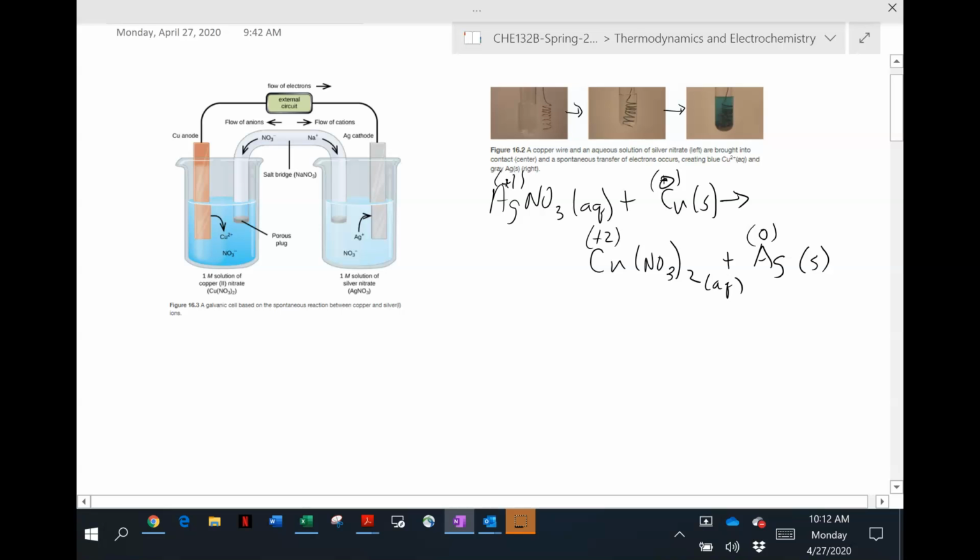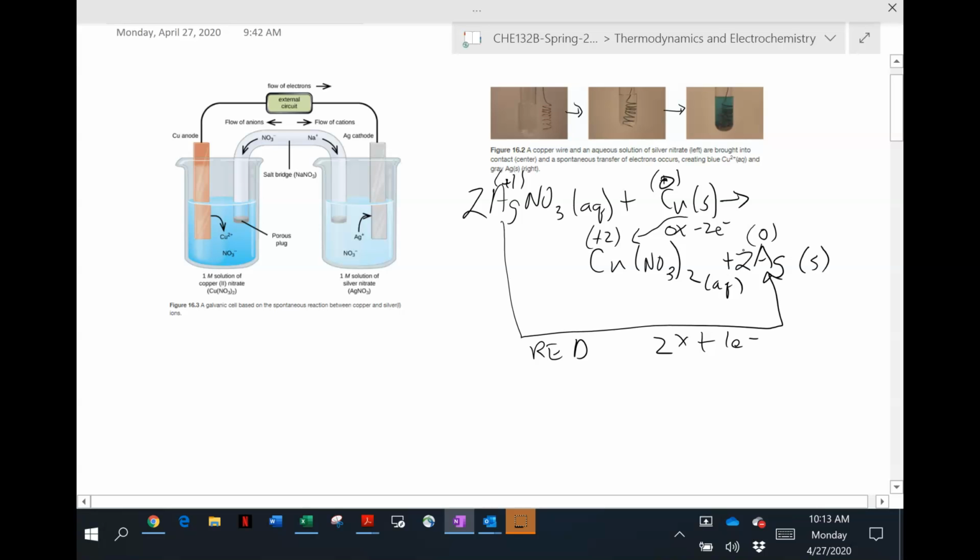Our reduction process is that we're gaining 1 electron. Our oxidation is that we're giving up 2 electrons. To make that work out, we have to do the reduction twice.